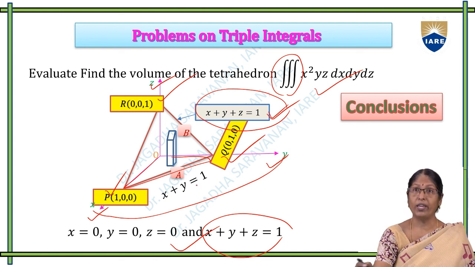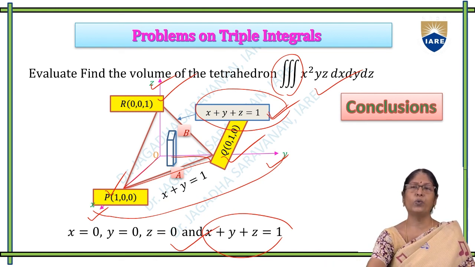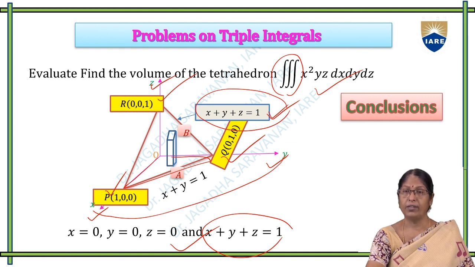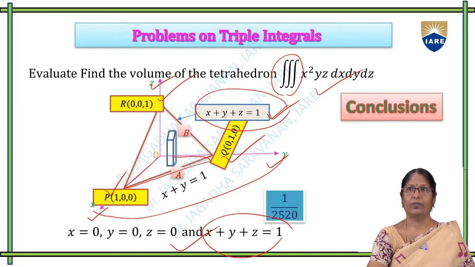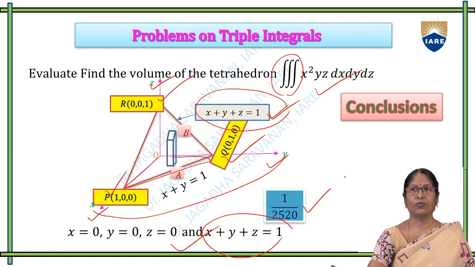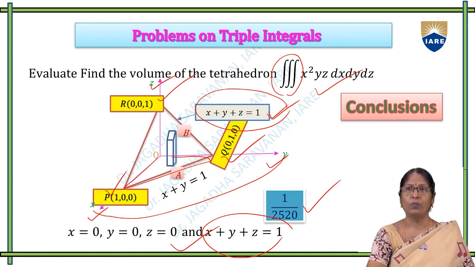So x plus y equals 1, from which we extracted the y limit, finally the x limit, and we did the integration. The final result for this problem we obtained is 1 by 2520, which is the result of evaluating this triple integral.